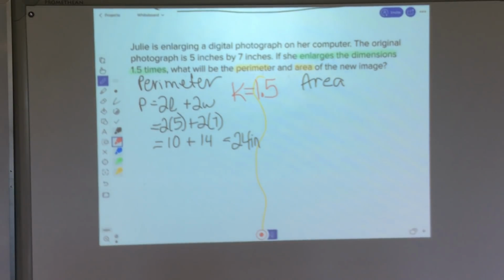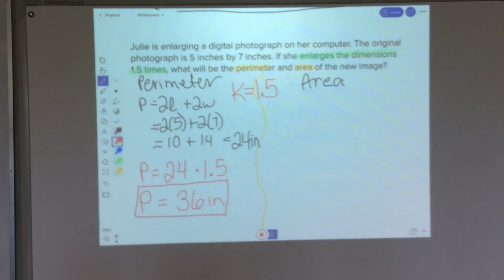Okay? So to find my new perimeter from yesterday, okay, what we do is we have that original, the 24 we just found, times that scale factor just as it is. So we're taking 24 times 1.5, okay? So the enlarged photograph will have a perimeter of 36 inches.